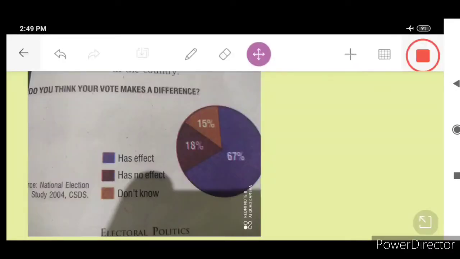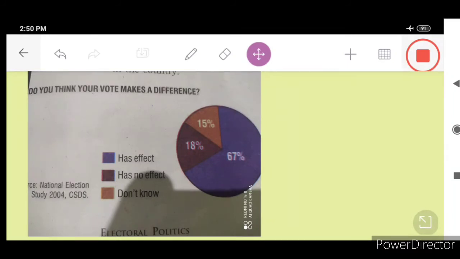Dear students, I was telling you how mass popular participation is an effective symbol which can highlight that the elections in India are democratic in nature, not non-democratic. Now here a question arises: do you think that your vote makes a difference?